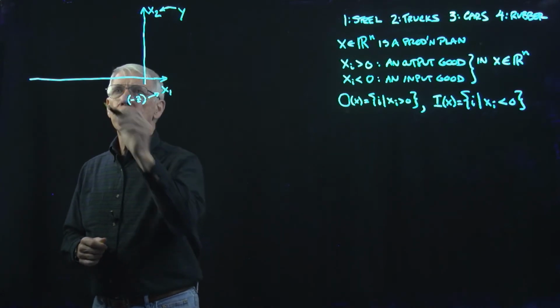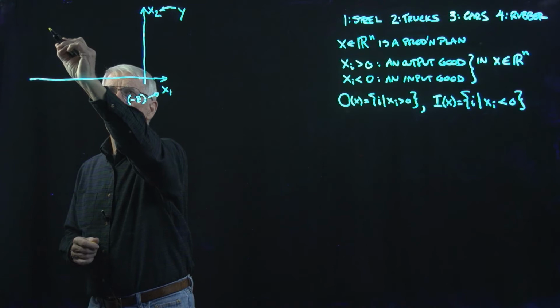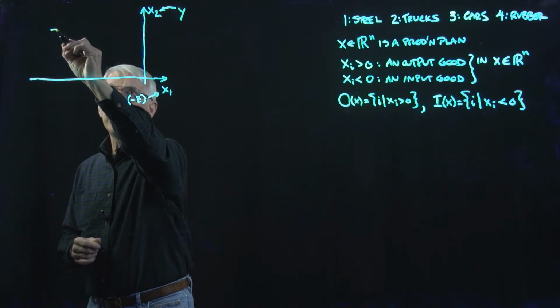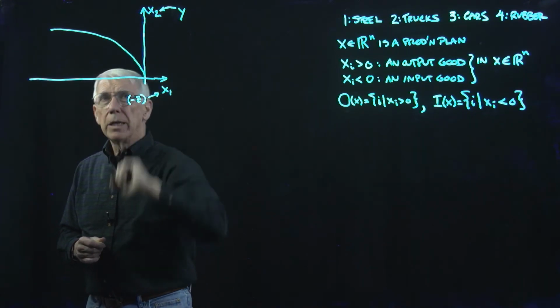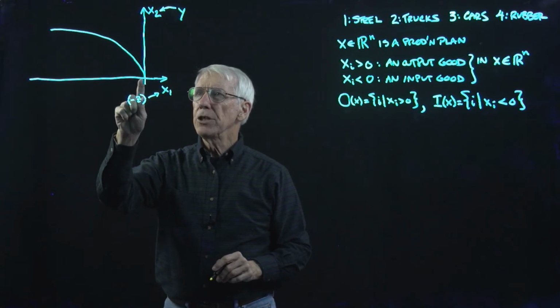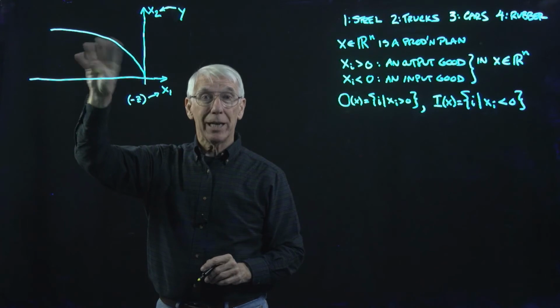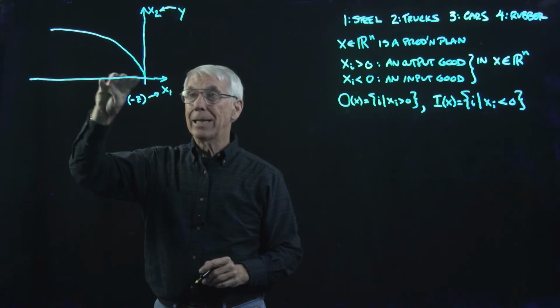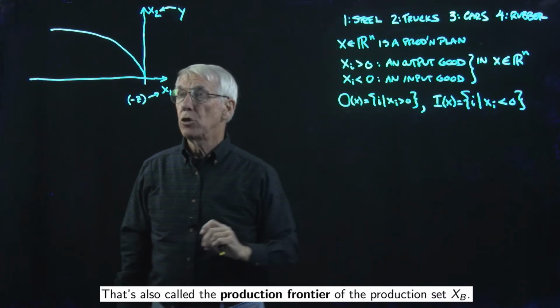So let's first look at firm B. And firm B's production set, the set of all production plans or input-output vectors that it can produce, is going to be all of the input-output vectors on or below this curve, which is really the firm's production function. So here we can actually use the production function because we only have the one output of trucks.